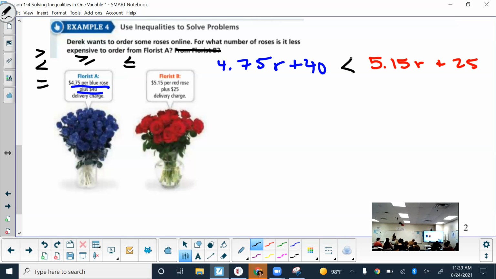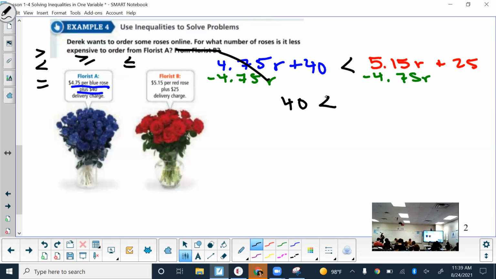All right, then from here you're just solving. So what would I do to start solving this? Subtract 4.75r. Good. We want to move the variable to one side. We can do that by subtracting 4.75r to get it to cancel. So on the left side, the r term cancels, and we just have 40.